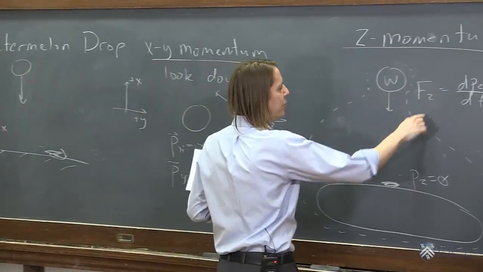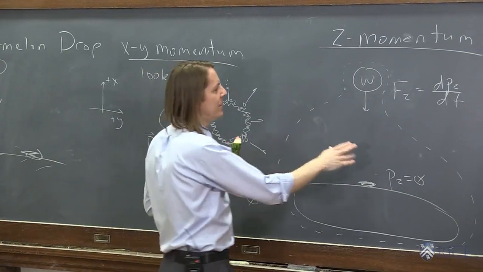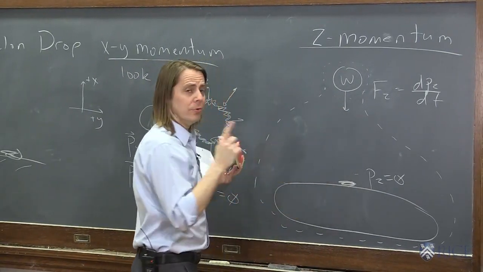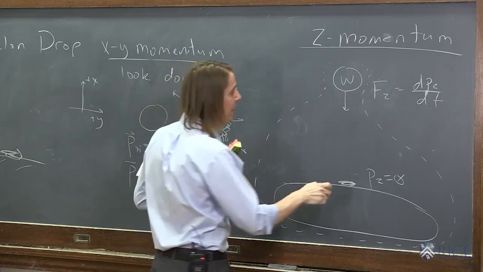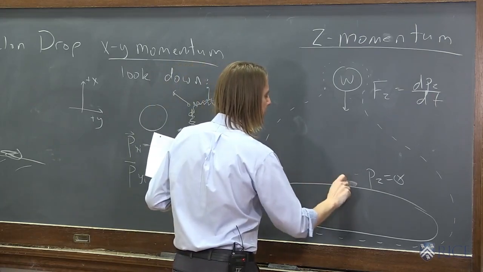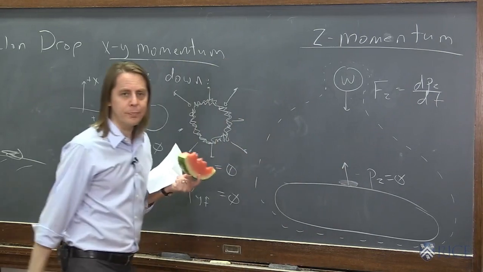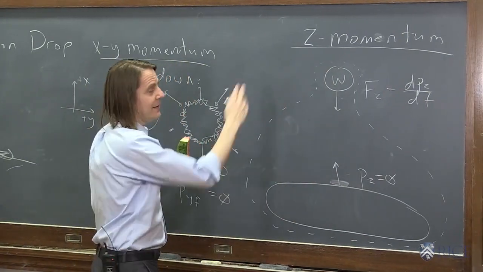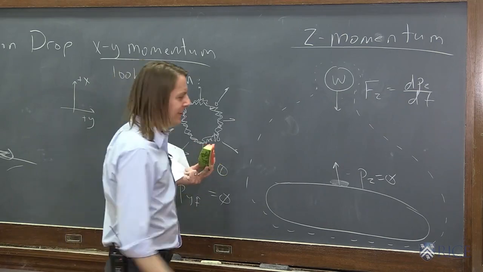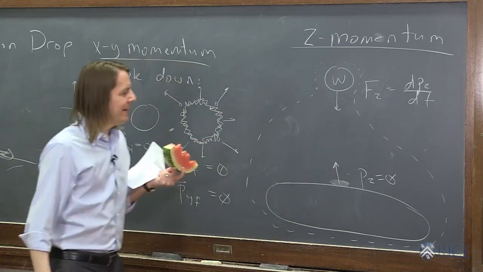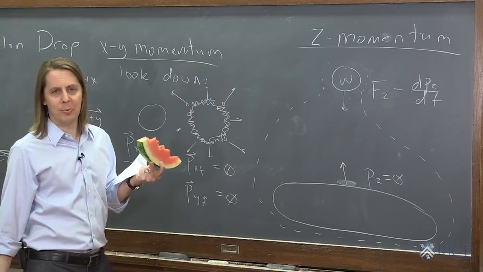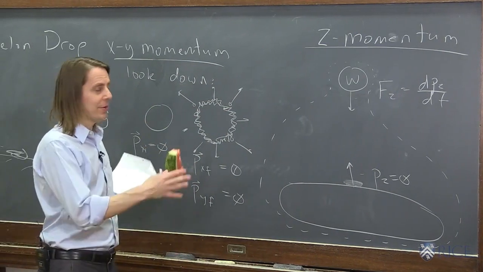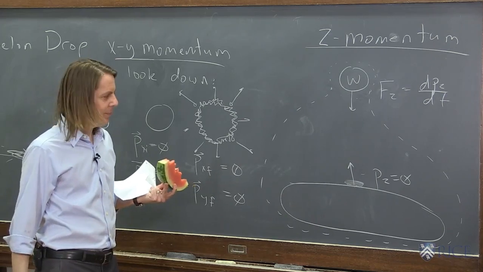Well, later we'll talk about gravitation, and we'll see that the watermelon feels a gravitational force due to the Earth, but according to Newton's third law, and according to gravitation, the Earth feels the same force due to the watermelon. And if you calculate the watermelon's acceleration at that height, it's about 9.8 meters per second squared. If you calculate the Earth's acceleration, it's about 9.8 times 10 to the minus 4 meters per second squared. Right? The Earth is so massive, you don't really notice the Earth accelerating towards the watermelon, but it does.